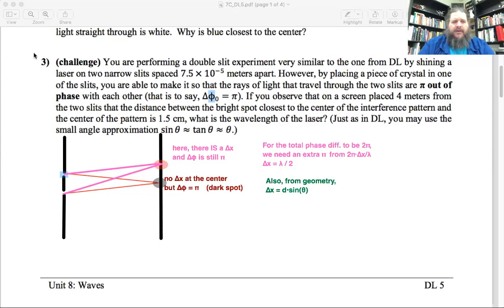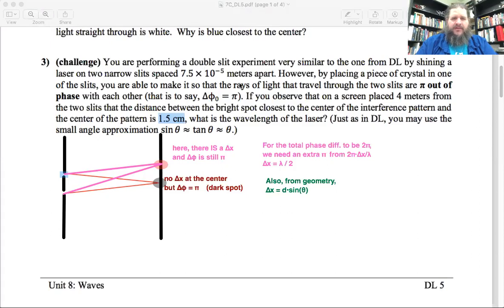So if all we know is the vertical distance, you have another formula for delta x, a variation on d sine theta that relates it to the distance instead of the angle. Is that the delta y over big D? Yeah, that should do it.